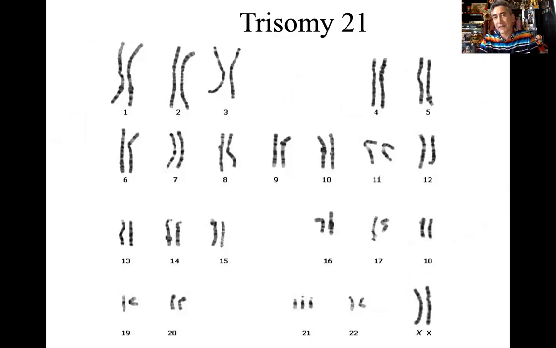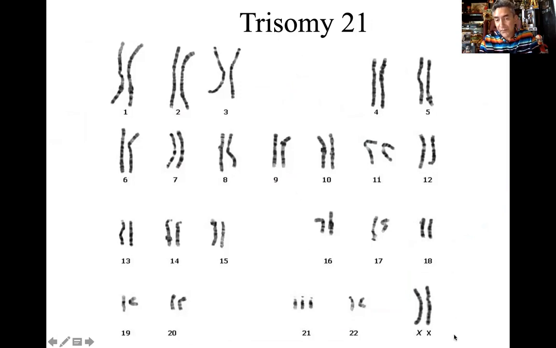Is this a genetically normal karyotype? No, it's not, right? So if you notice here, chromosome pair 21 is not a pair. We have 3 chromosomes here. So we call this trisomy 21. 3 chromosomes of the 21st pair here.